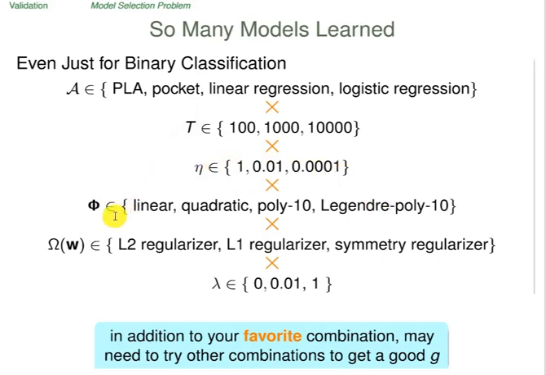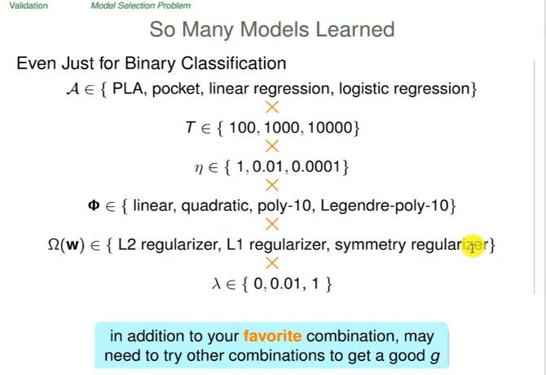And we may want to transform our input data using a transformation function phi, such as a linear function, quadratic, or polynomials of 10th degree, Legendre polynomial functions. In addition, one must take into account different regularization parameters, for example, omega of w, right?